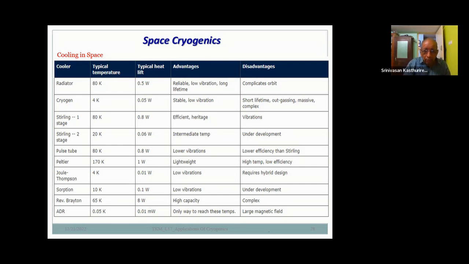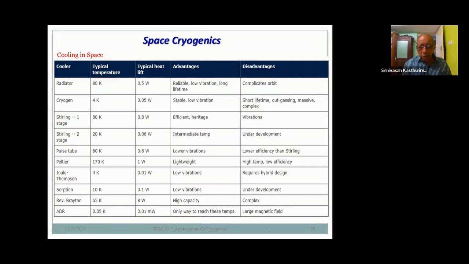Now, if you look at the cryogen, normally it is 4 Kelvin that is directly used with the cryogen. You can get 4 Kelvin, but the heat lifted is 0.05 watts.